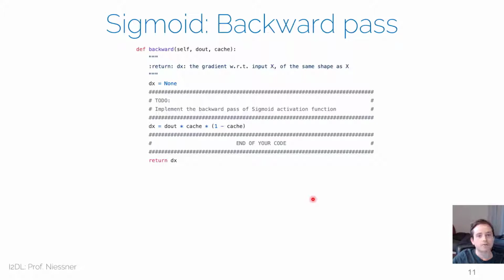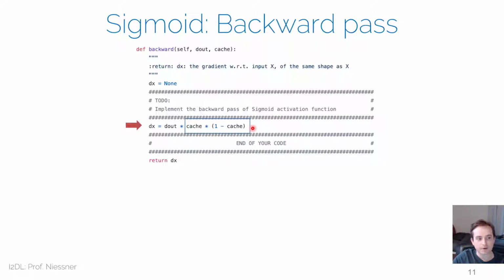So here's the backwards function, and this is what you had to implement. This here is the solution, and let's break it down and see why this is the solution. So what you see here is the cache times 1 minus the cache, and this is basically the derivative of the sigmoid here.